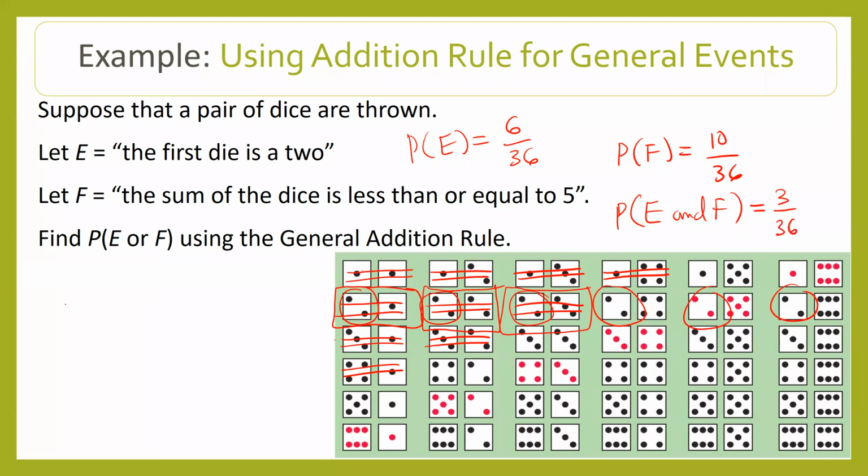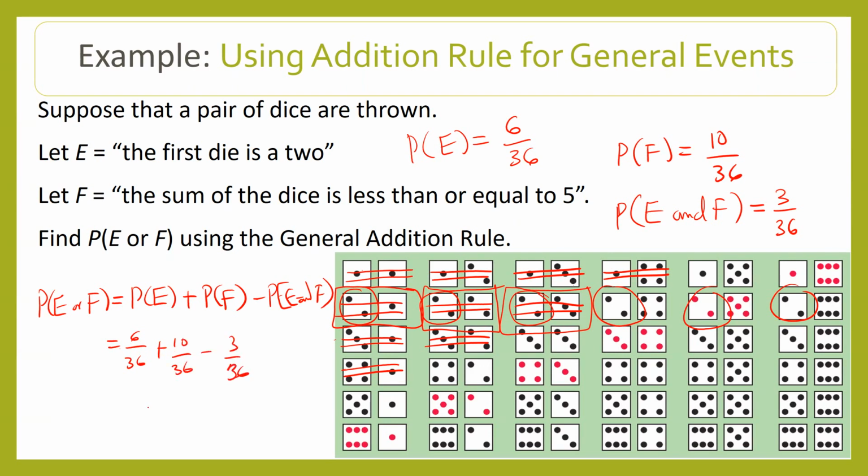And so the probability of E or F becomes the probability of E plus probability of F minus probability of E and F. In this case, this is 6 over 36 plus 10 over 36 minus 3 over 36, which is 13 over 36.